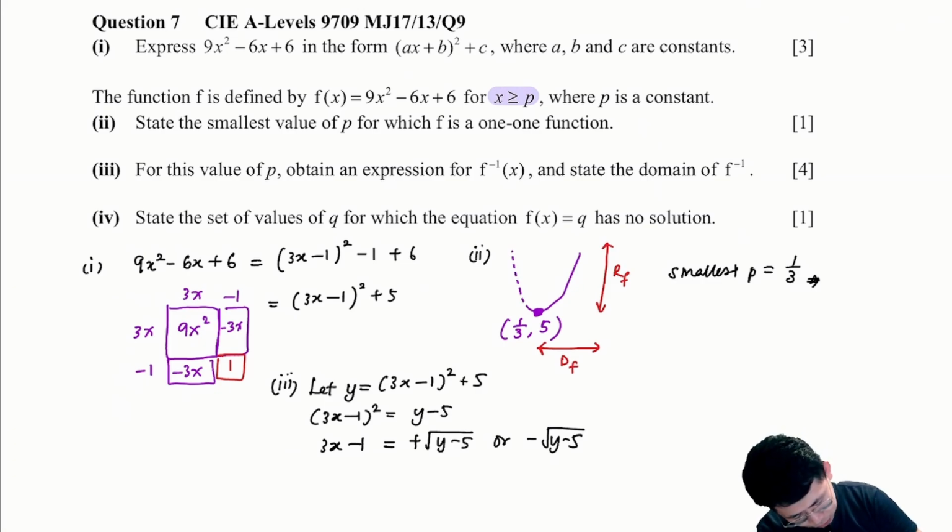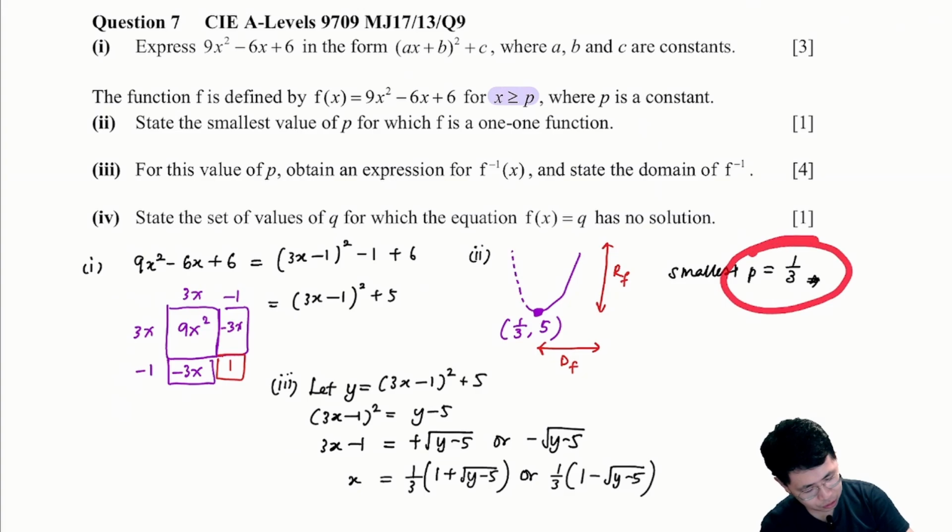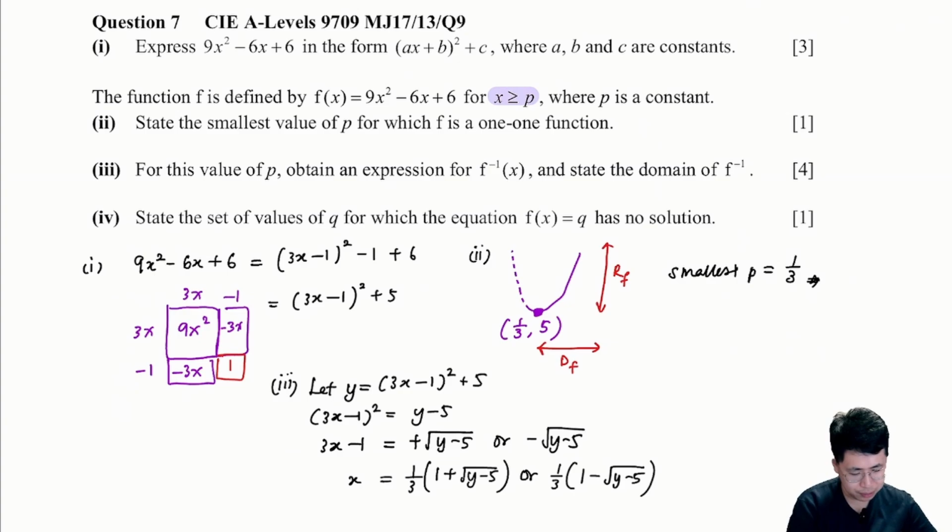Then I need to make x the subject. So this is going to be 1/3 of (1 plus the square root of y minus 5), or 1/3 of (1 minus this value over here). Double checking the range of x, x must be greater than or equal to 1/3, correct?